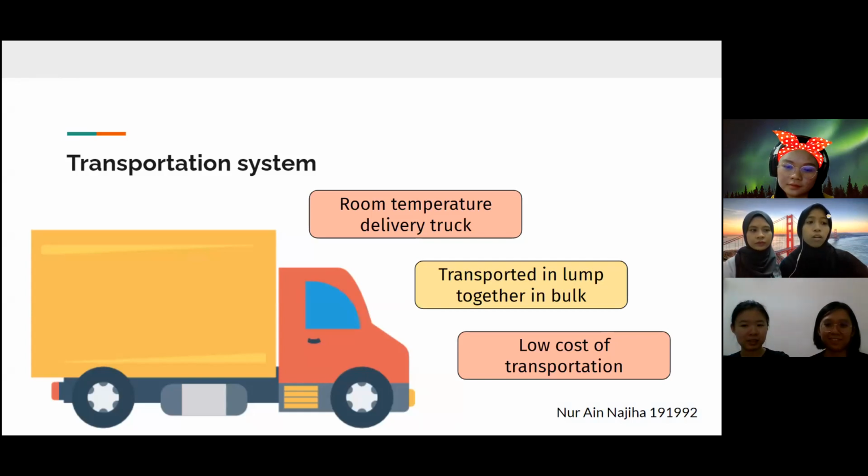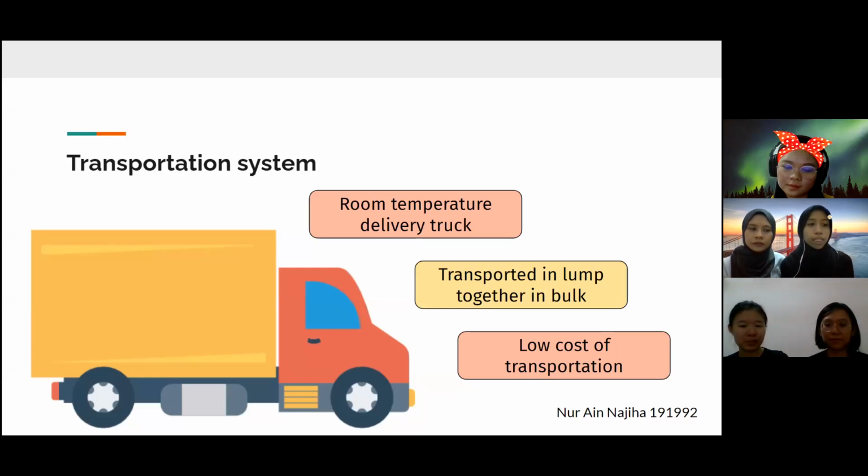So as we all know, freeze-dried mango is solid and dry food, and it has low moisture content. So we only need a room temperature delivery truck. There's no need for cold temperature or whatsoever. And then we can also transport it lumped together in bulk to ease the transportation, as it is dry food.